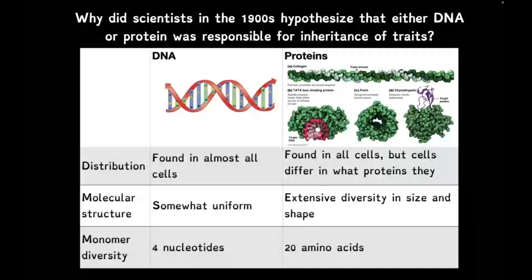How did we come to find out that it's not proteins, but rather DNA, which is actually the hereditary molecule? Well, first we had to actually definitively prove that molecular inheritance was true. In other words, that there is some molecule, whether it be DNA or protein, that is being passed from generation to generation and providing information on how an organism is going to look and act, whether it's going to be pathogenic or not, if it's a bacterium, etc. So this is a series of experiments by the Griffith lab, or the Griffith team, I guess I should say.